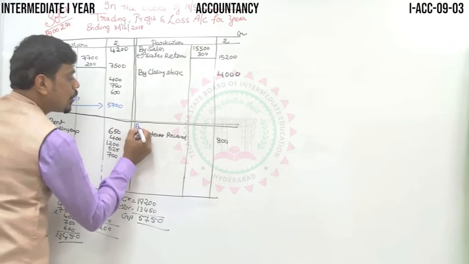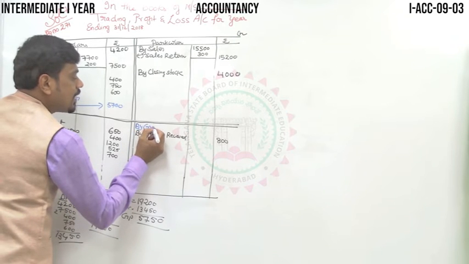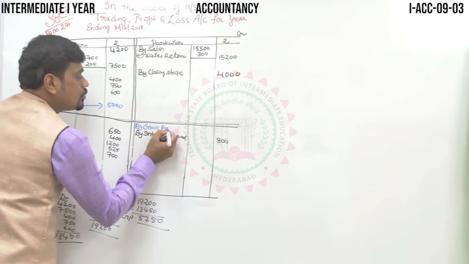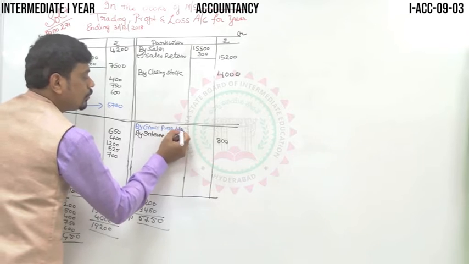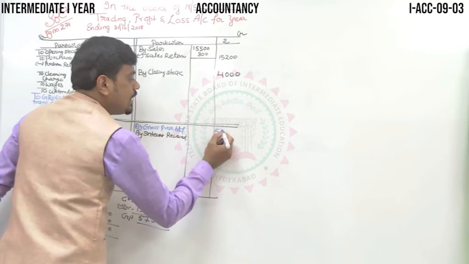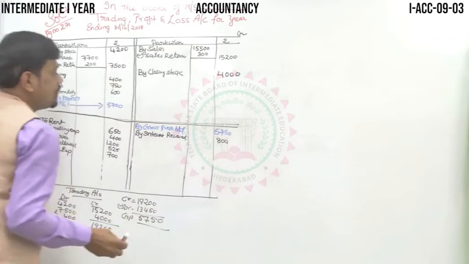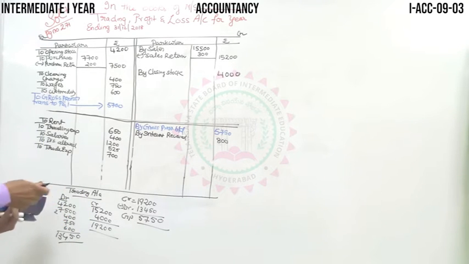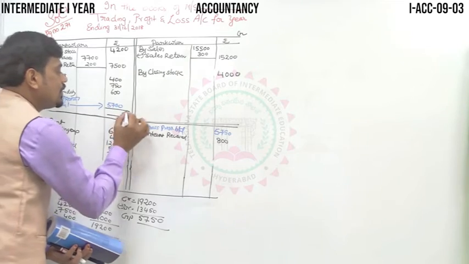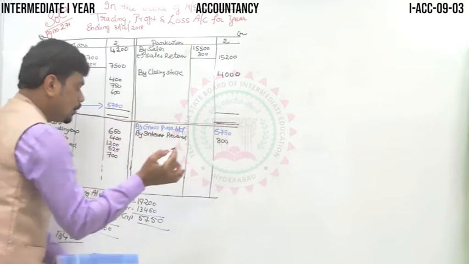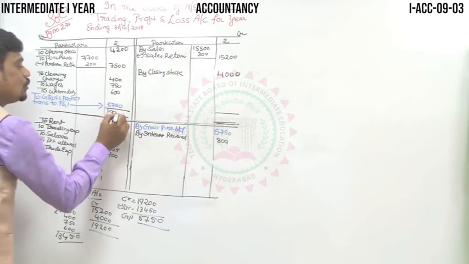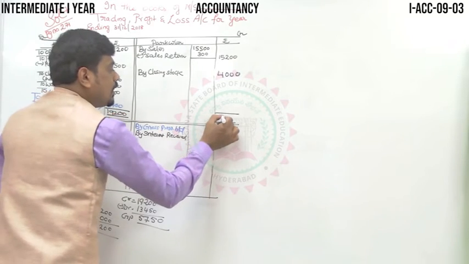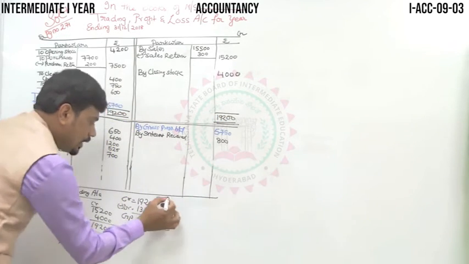Immediately we'll come to profit and loss and we'll write by gross profit brought down 5,750. And once this is done, we can close the trading account with the total, and the total is 19,200 on both sides.